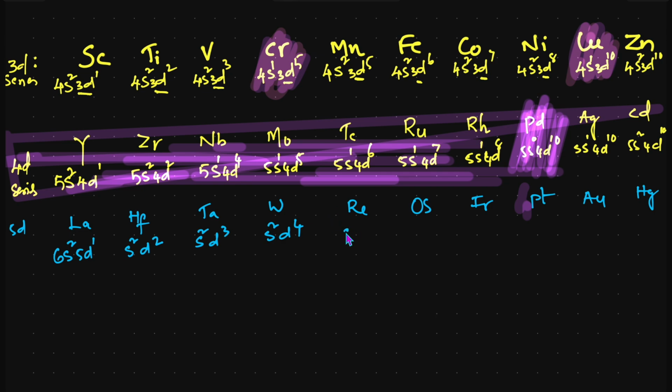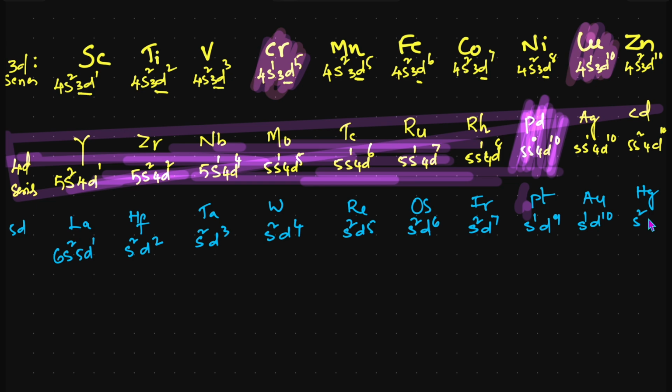Rhenium s2 d5, osmium s2 d6, right? Then iridium s2 d7, and platinum is s1 d9, gold s1 d10.